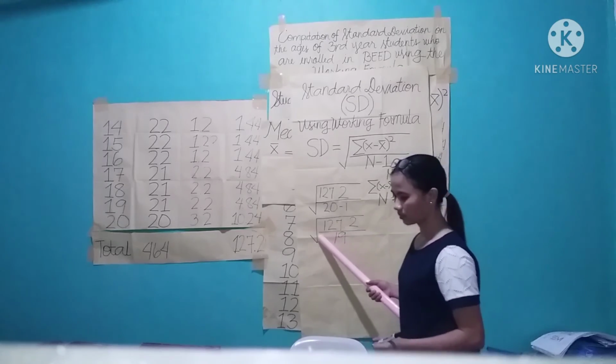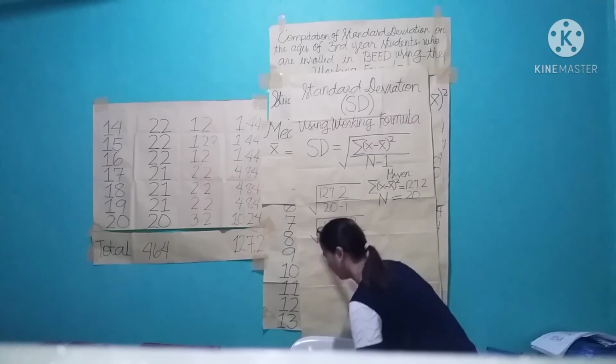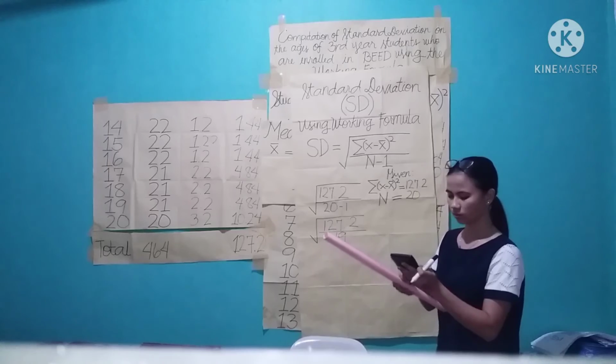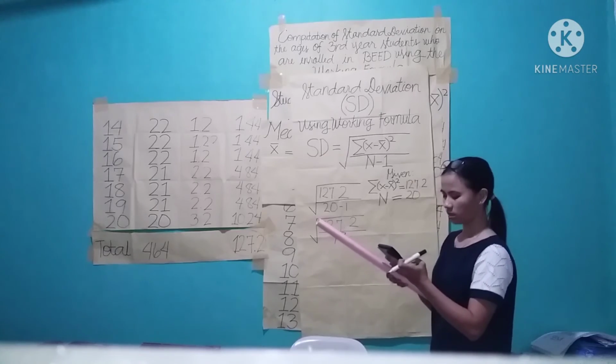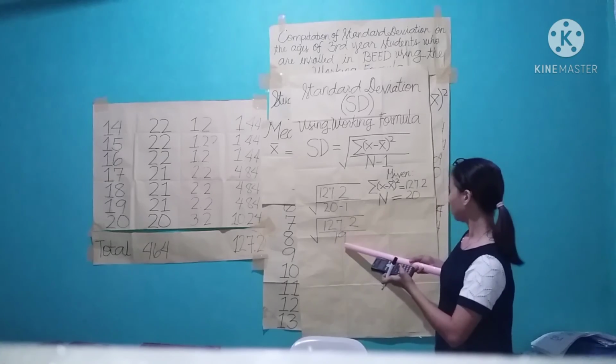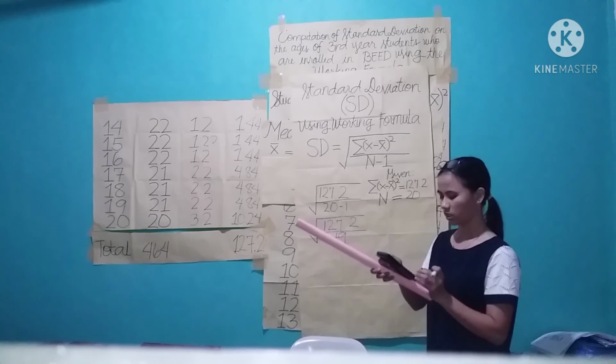Then divide 127.2 by the number of cases, which is 19.